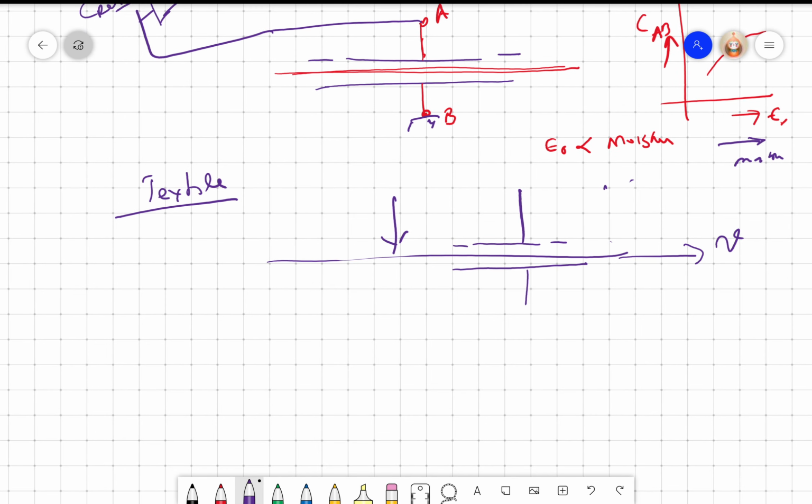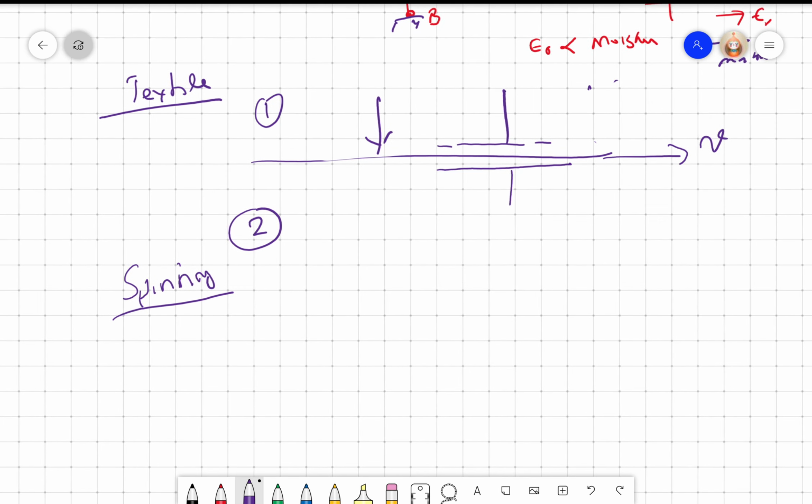Another application, again in the textile industry, is in spinning, right? So what you do is you have cotton or whatever it is, it could be even synthetic fiber, right? And you have to make the thread and then weave the thread to get a cloth. So how do you make a thread?